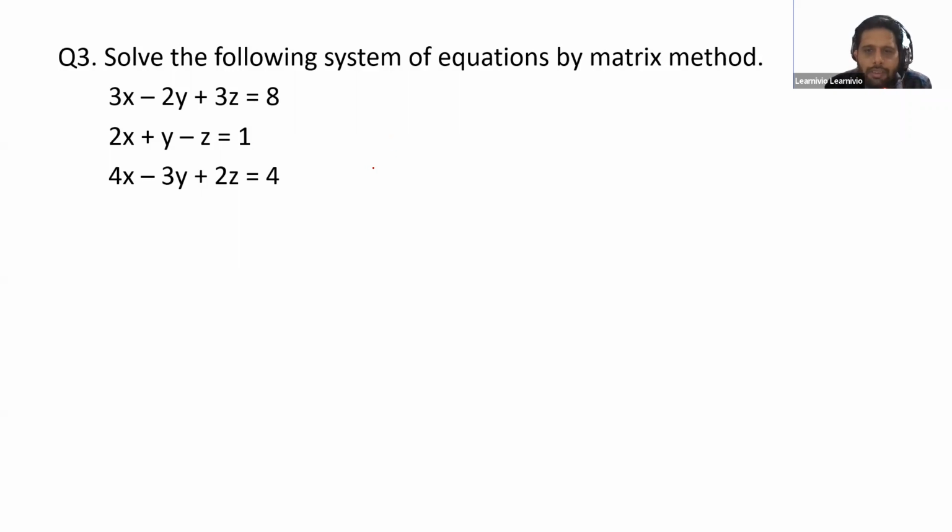X is not -1. Okay, this is the correct answer, Noma. X is 1, Y is 2, and Z is 3. Will you please check your answer again? Noma, this is the correct answer. Okay, please check this.